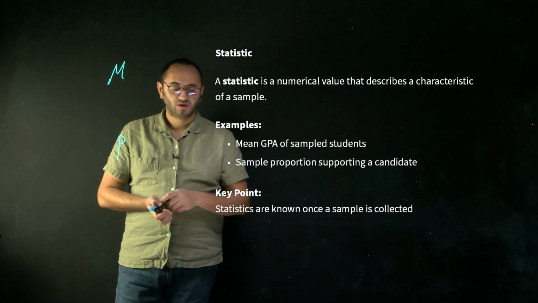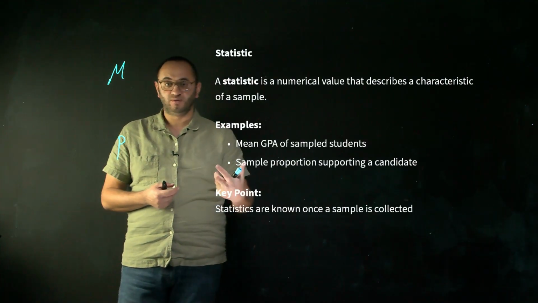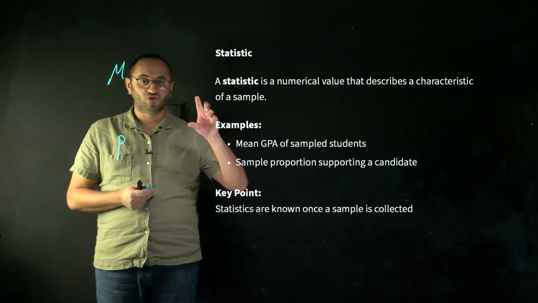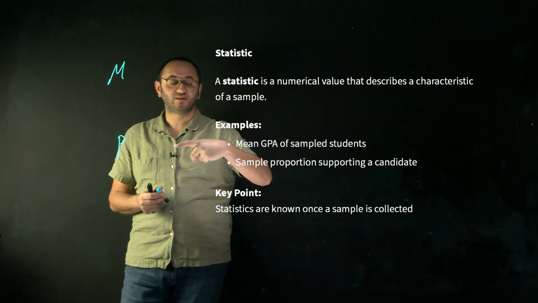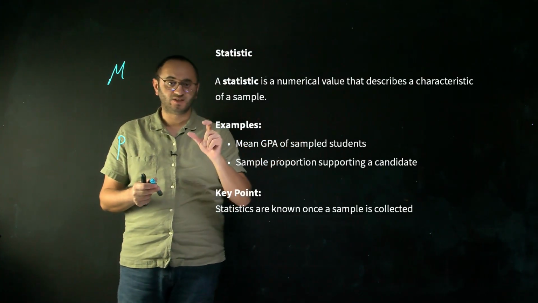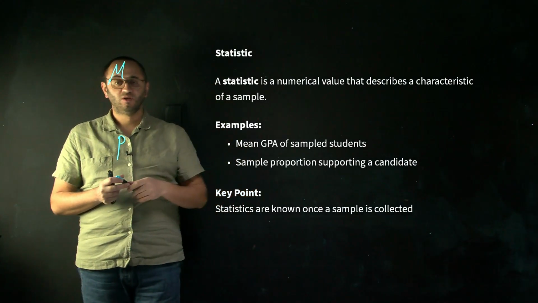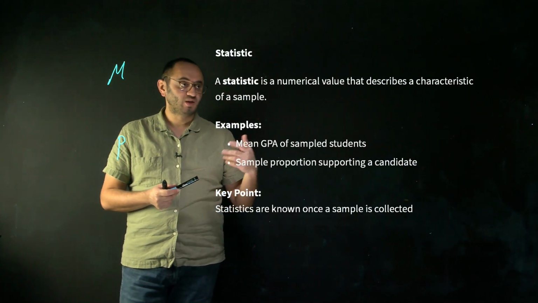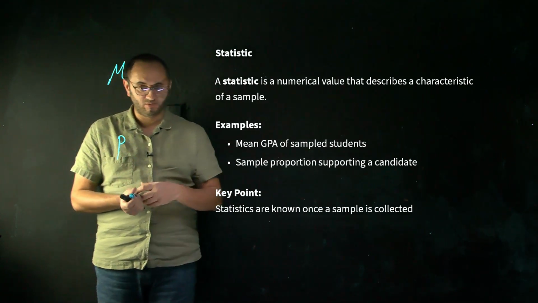A statistic is a numerical measurement that describes the sample, right? So the parameter describes the population. Statistic, not statistics, statistic, there is no S. A statistic describes the sample, for example, the mean GPA of sampled students.